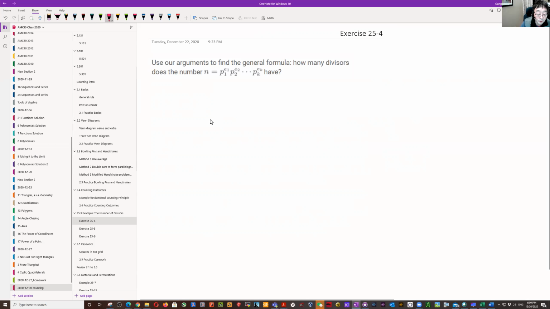The answer is E1 plus 1, multiplied by E2 plus 1, all the way to EK plus 1, which counts the different positive factors.